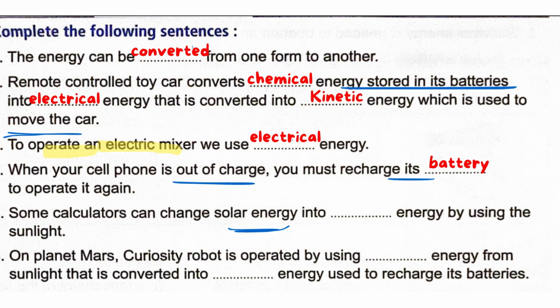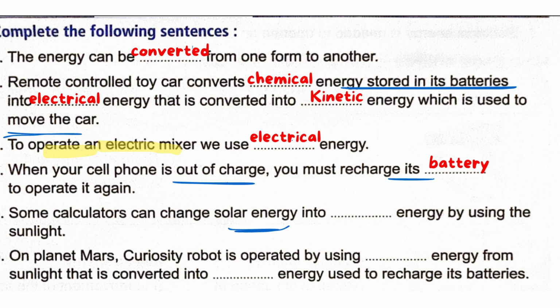We have here some calculators can change solar energy into what energy? By using the sunlight. As we know that calculators need electrical energy to be operated as any device. Okay, so we studied here some calculators that can change the solar energy directly into, yes, electrical energy to be operated.